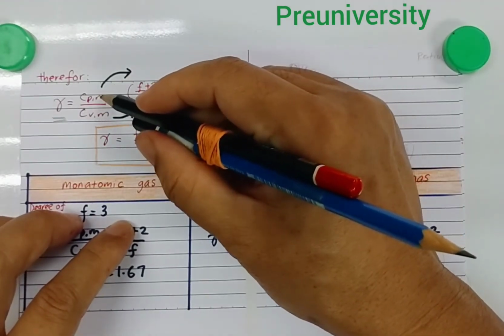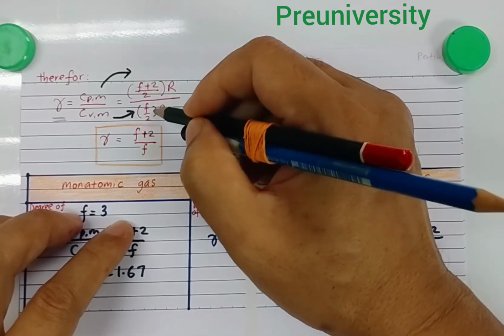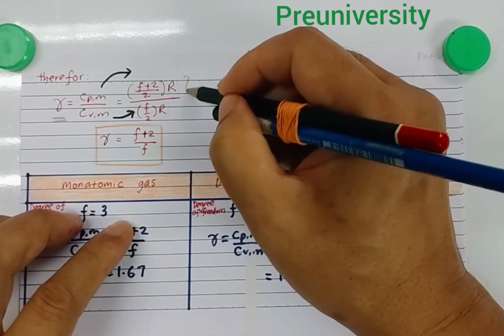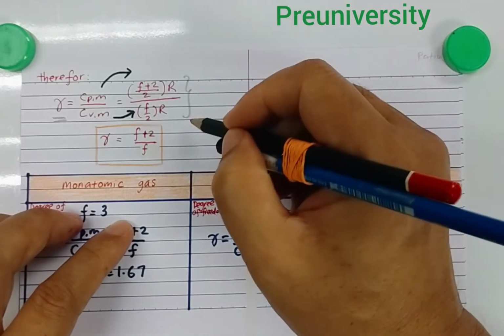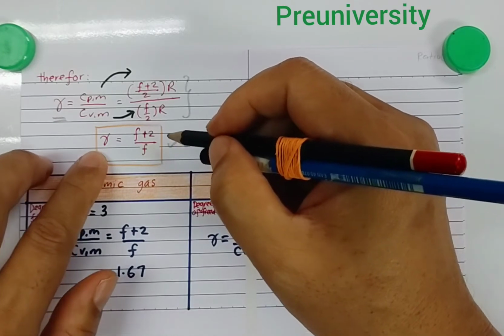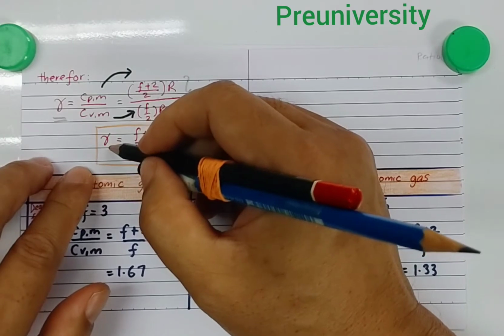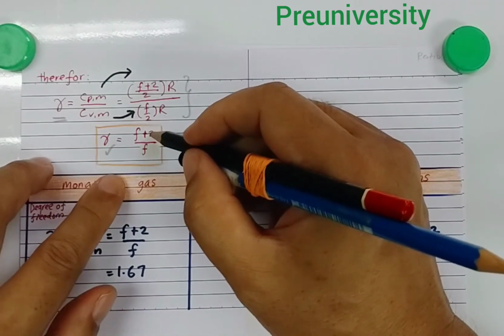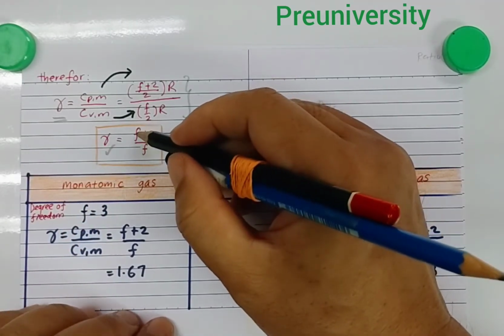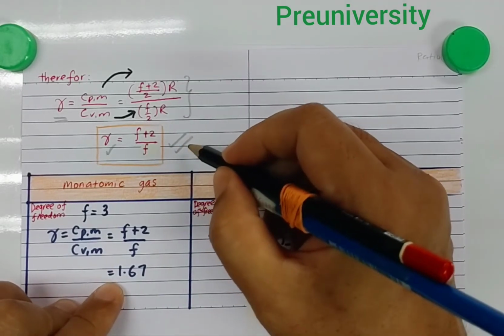We replace the CPM with F plus 2 over 2 R, and the CVM with F over 2 R. Then we rearrange this equation, and at last we have this equation. The ratio CPM over CVM, or gamma, is F plus 2 over F, where F is the degree of freedom.